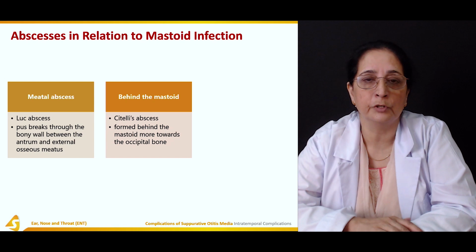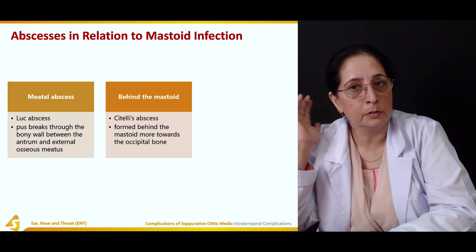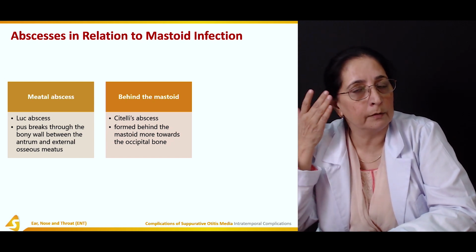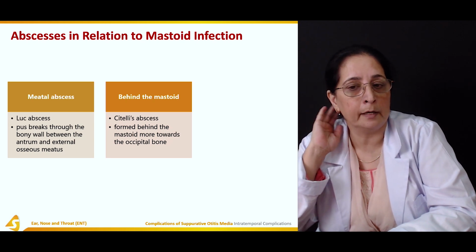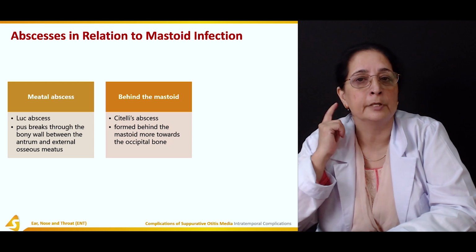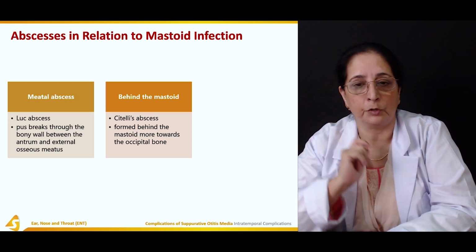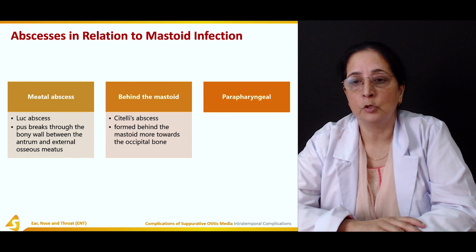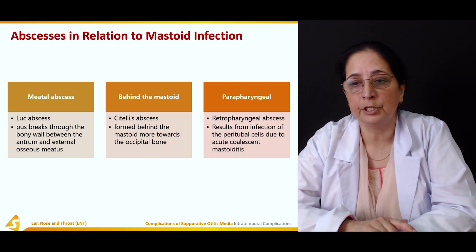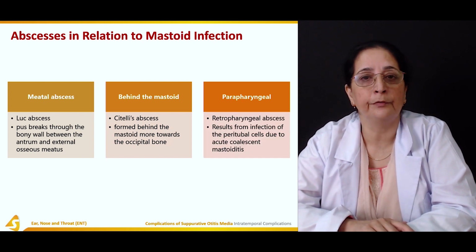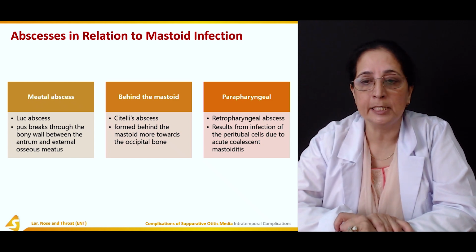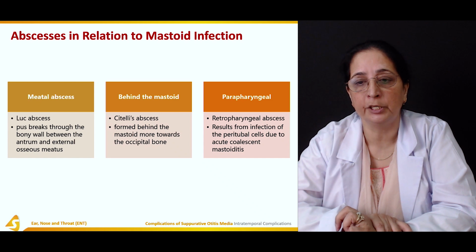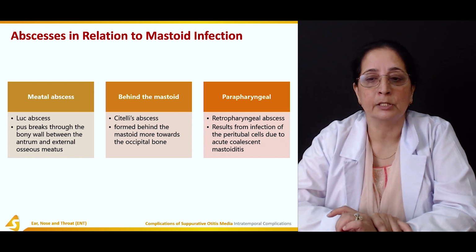It is formed more toward the occipital bone. The occiput is on the back of the temporal, so more towards the occipital bone this abscess is formed, which is behind the mastoid. Then also retropharyngeal abscess, which results from infection of peritubal cells due to acute coalescent mastoiditis.